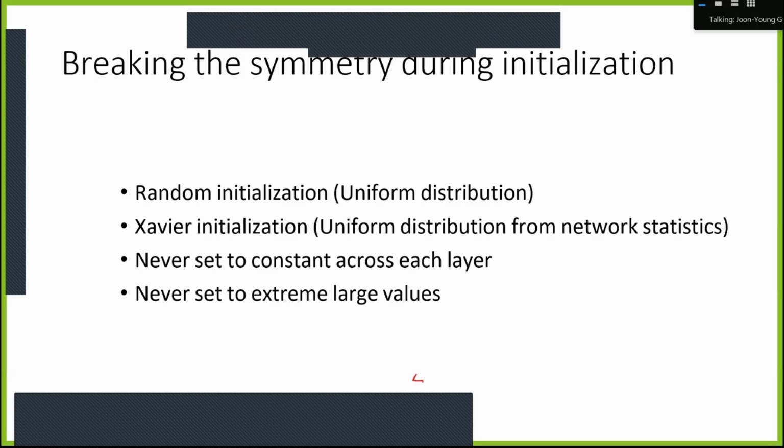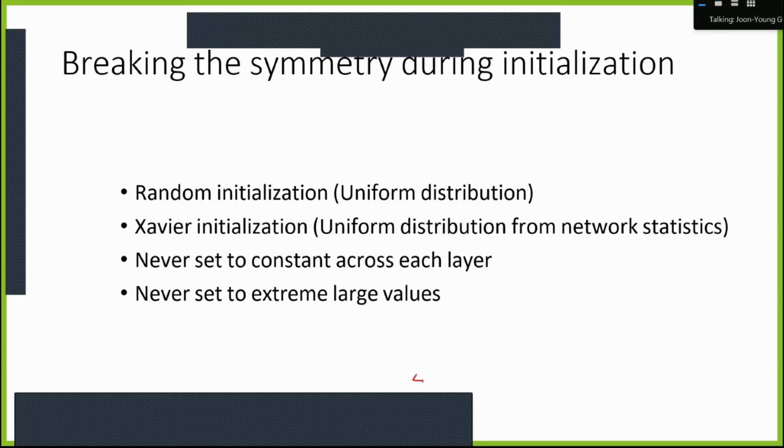For example, if we initialize all the weights as zero, or all constant, then each of the weights would be learning the same thing from the input.